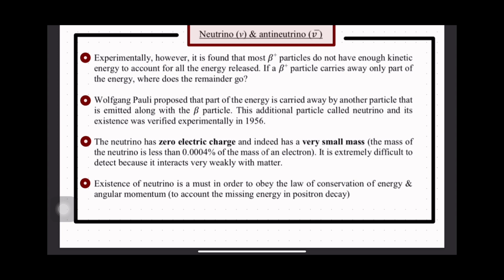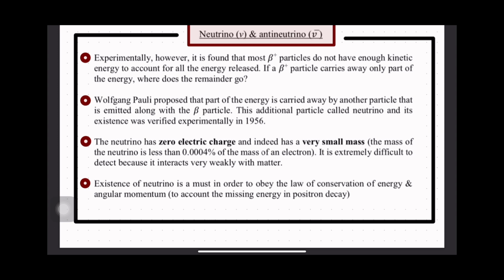It was proposed that part of the energy is carried away by another particle that is emitted along with the beta plus or beta minus particle, which we call the neutrino. The neutrino has zero electric charge and a very small mass. The mass of the neutrino is less than 0.004% of the mass of an electron.